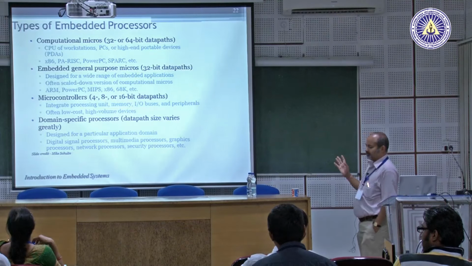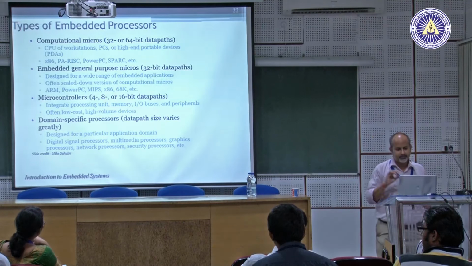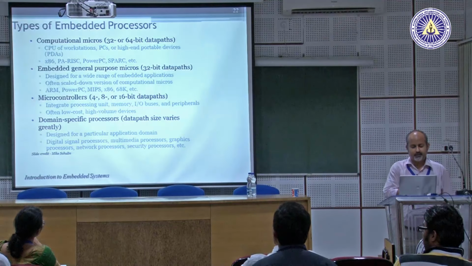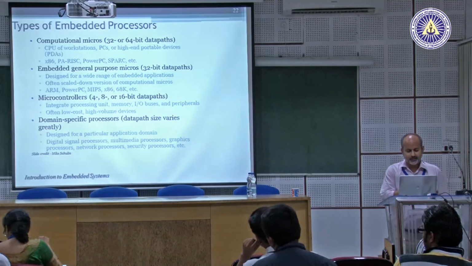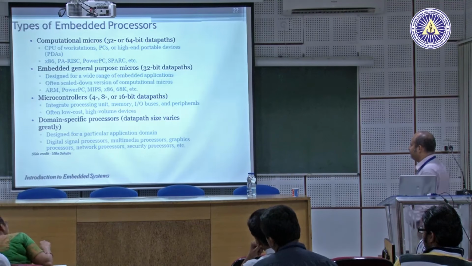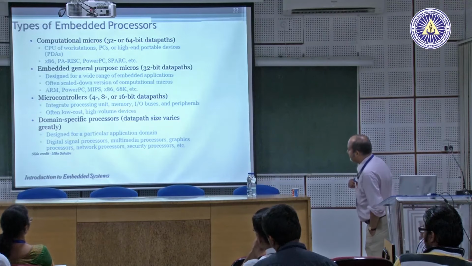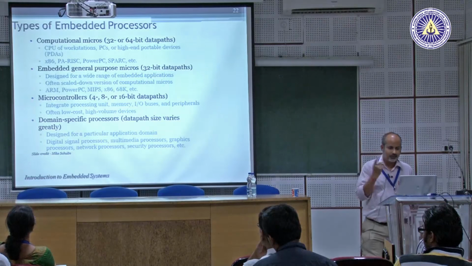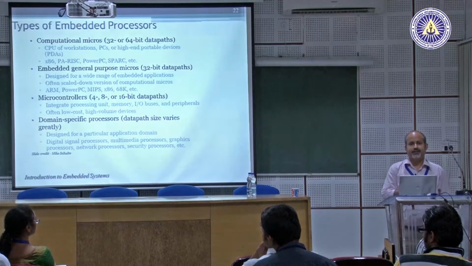The data path will vary based on the specific application you are going to use it for. Examples would be network processors, security processors, graphic processors, and so on. A security processor is something very new.